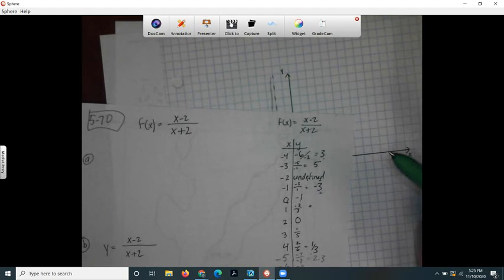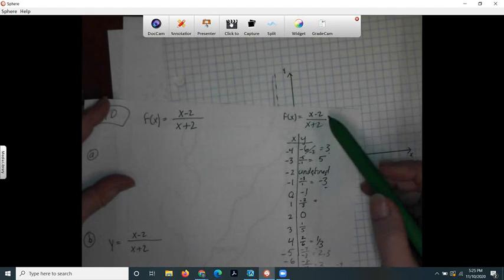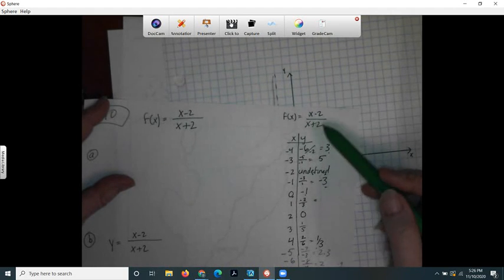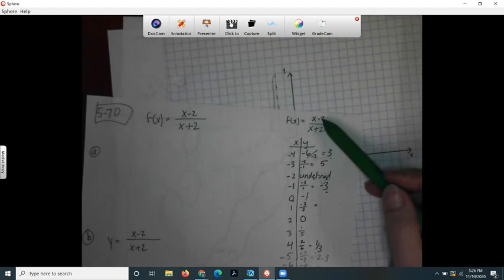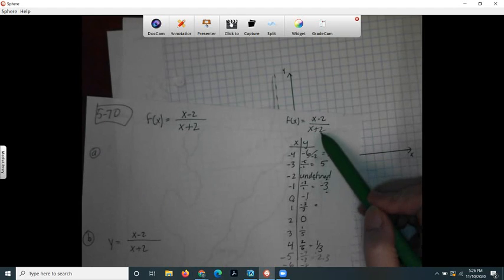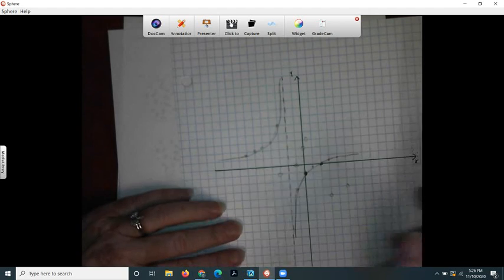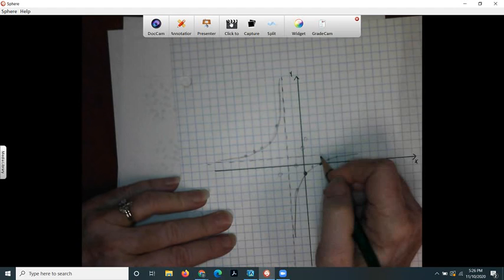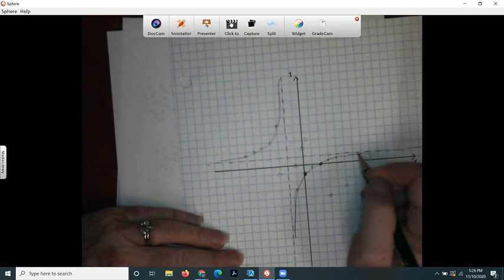Y will never equal 1, and then it kind of made sense, because if I plug in x on the top and the bottom, for a fraction to equal 1, it has to be the same thing on the top and the bottom, but it'll never be the same thing because we've got a -2 up here and a 2 here. I know that sounds a little crazy. If you plug in some numbers, it'll make more sense, but there's this horizontal asymptote because the y value can never equal 1.